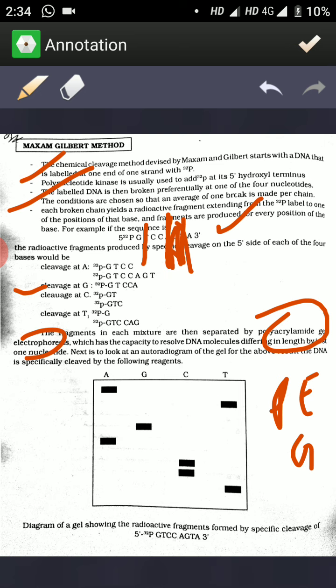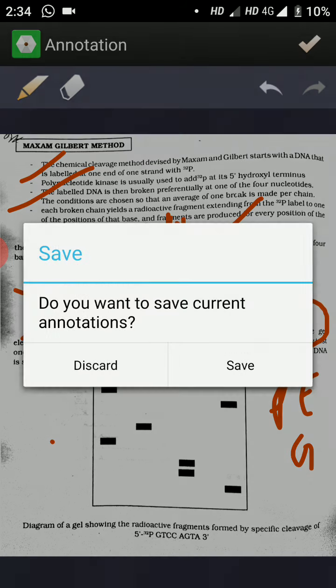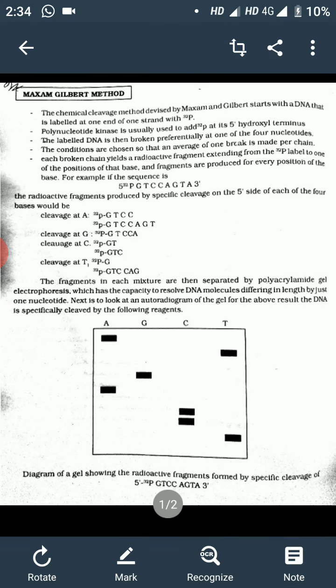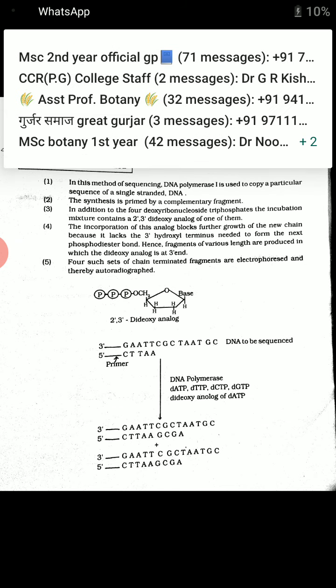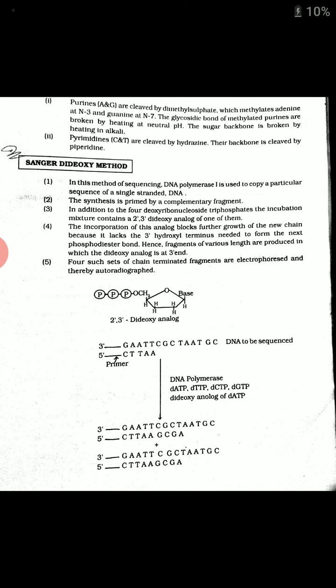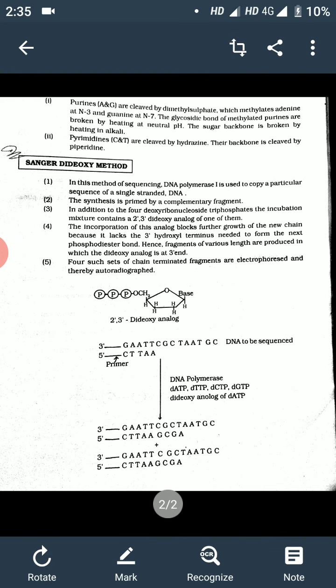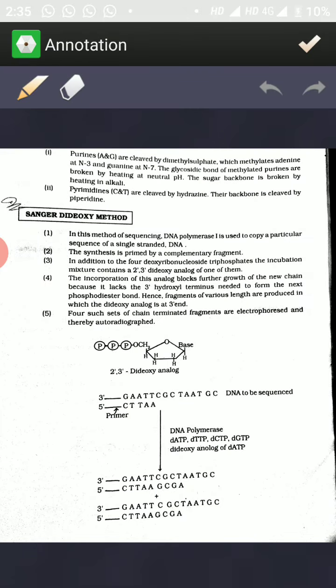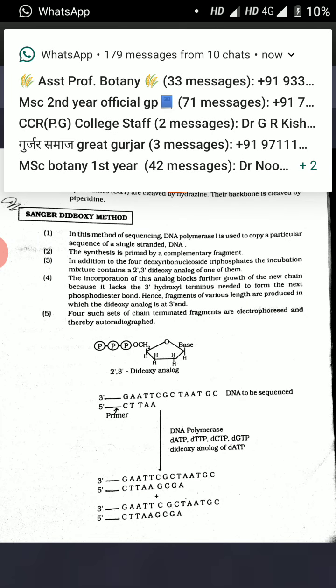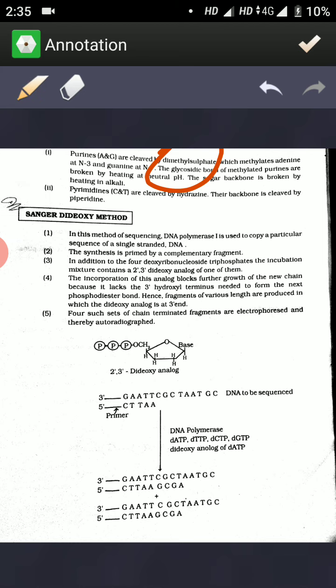First, purines, that is adenine and guanine, are cleaved by dimethyl sulfate, which methylates adenine at N3 and guanine at N7.